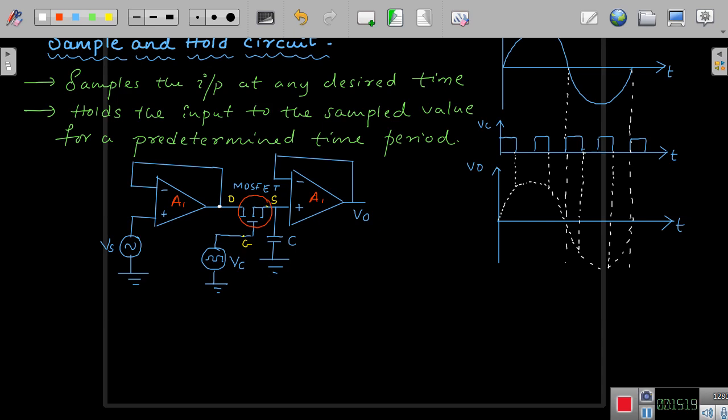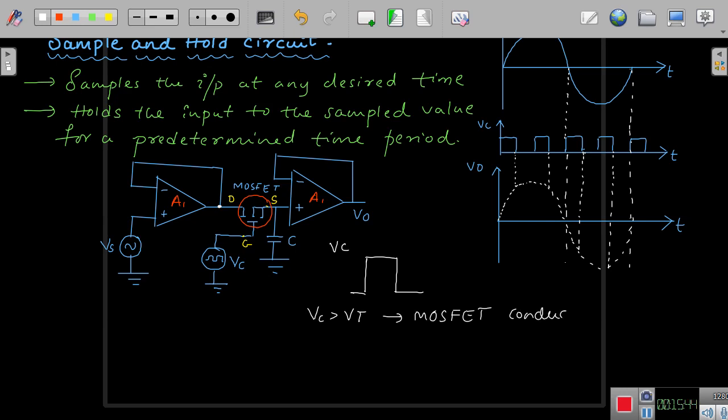All of you know how exactly a MOS device works, right? Whenever the control voltage exceeds some value, the MOSFET will come into conduction. So when your VC is greater than V threshold, your MOSFET conducts.